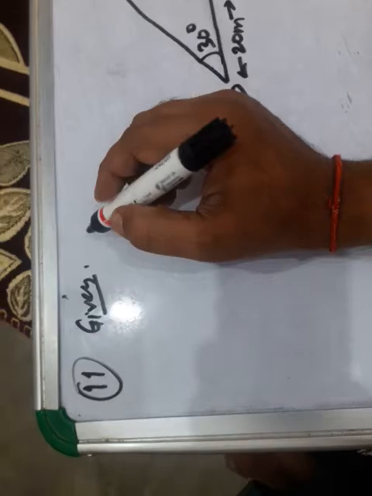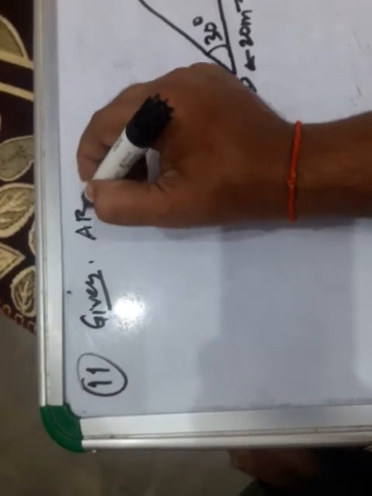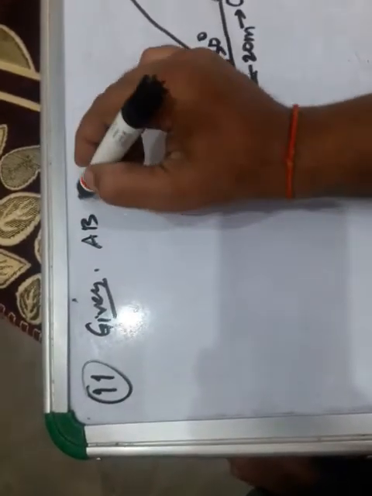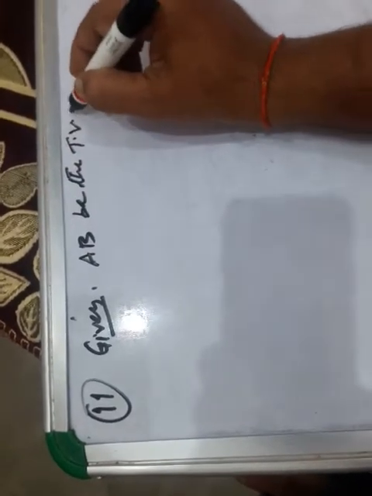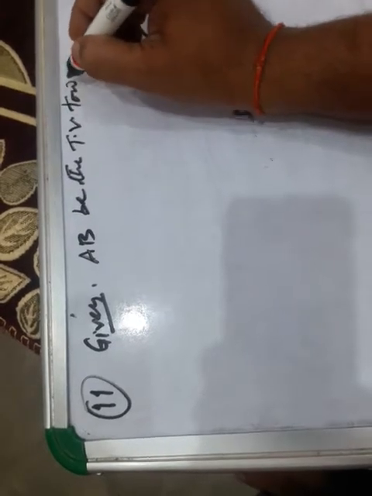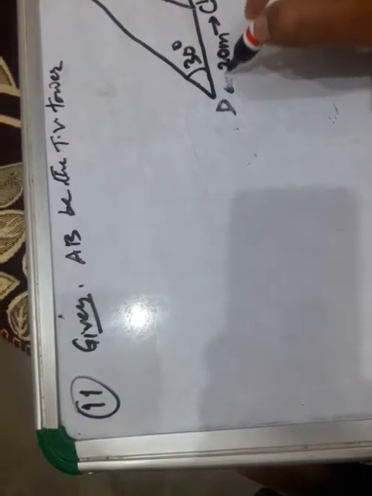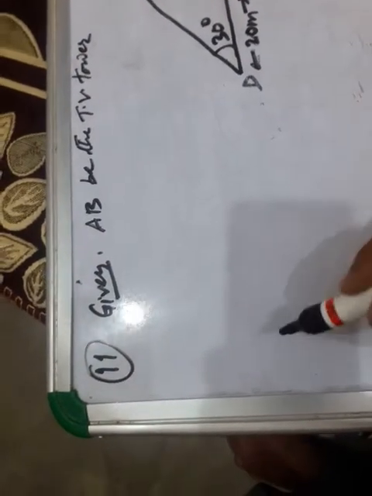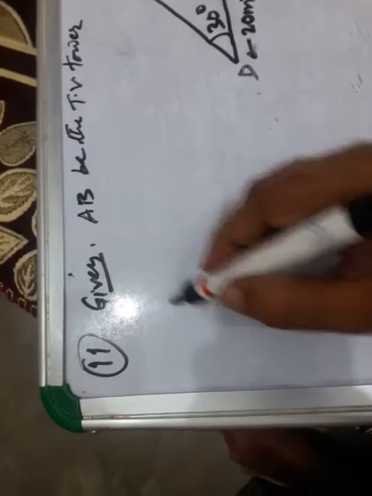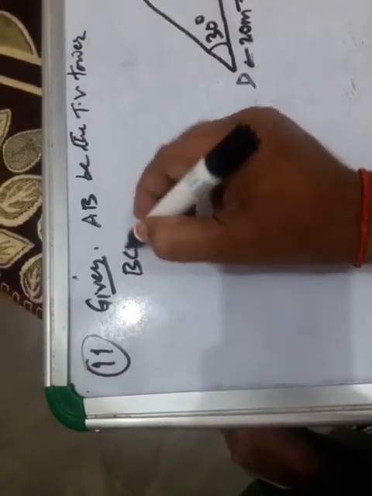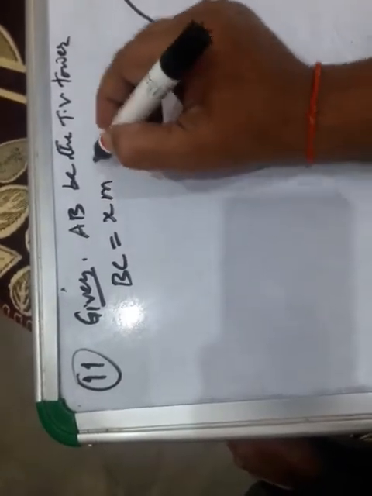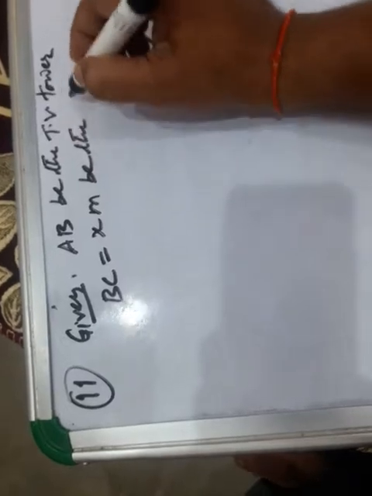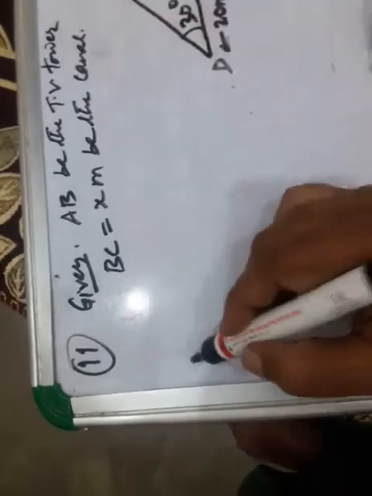Here, let AB be the TV tower, and BC equal to x meter be the canal.